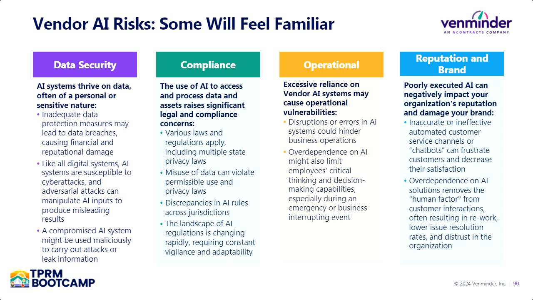And often that data is what we would call PII. So of course, if we're not protecting that data, we're going to be subject to cyber attacks or breaches. But one of the things that's most interesting about AI systems and the extra data security risk is that a compromised system can be used to maliciously carry out more attacks or leak information.